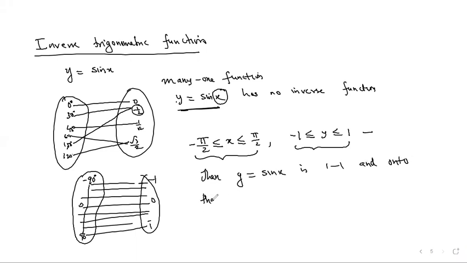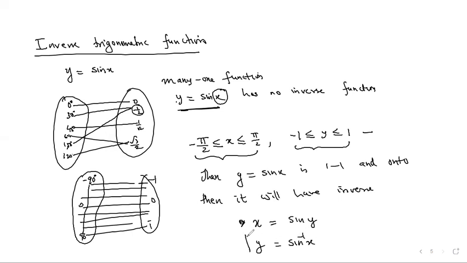Then it will have an inverse. Have you understood this part? Then I can make x the subject. Now I'm finding its inverse function. What should I do first? Make x and y interchange, and make y the subject.